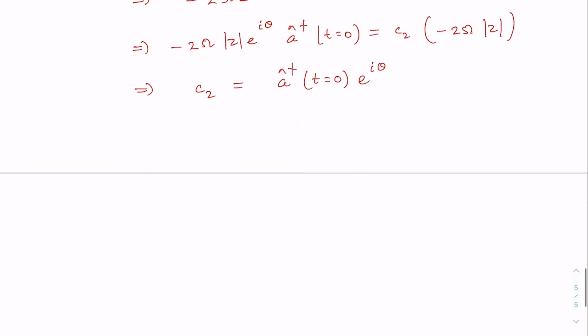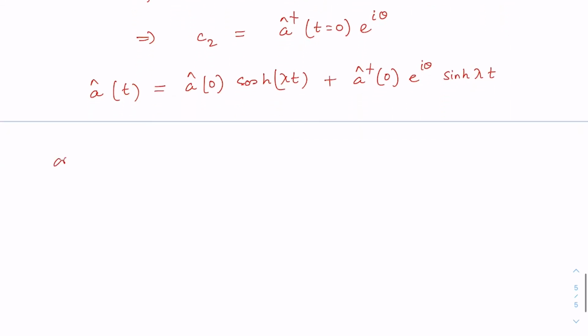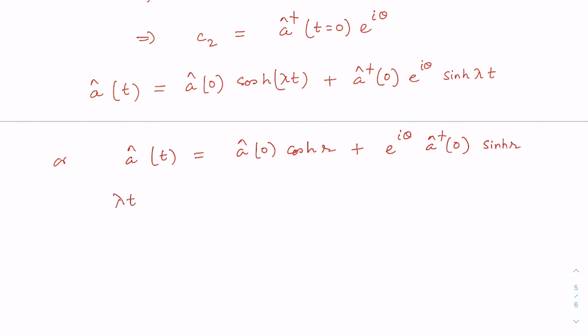So therefore what I get finally is a of t is equal to a of 0 cos hyperbolic lambda t, plus a dagger 0 e to the power i theta sine hyperbolic lambda t, or I can write it as a of t is equal to a of 0 cos hyperbolic r plus e to the power i theta a dagger 0 sine hyperbolic r, where I have taken lambda t is equal to r.